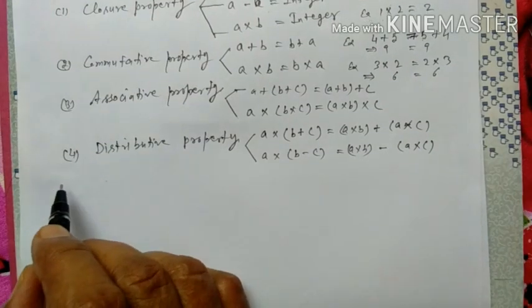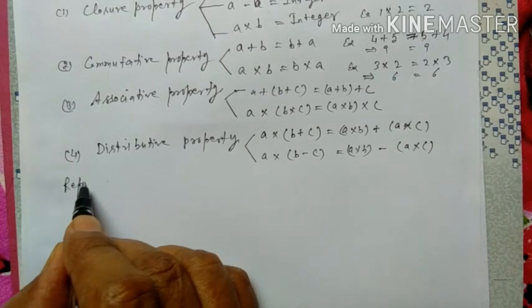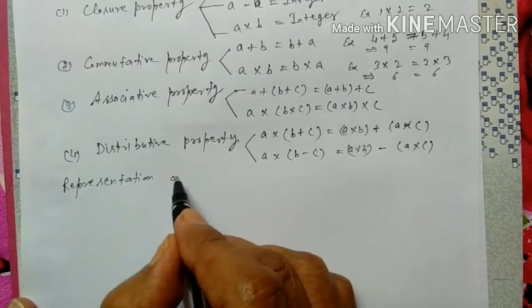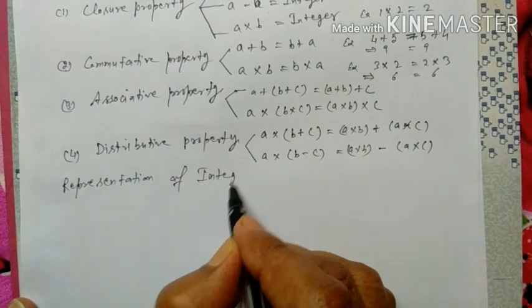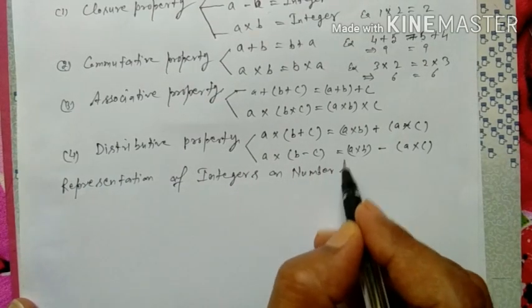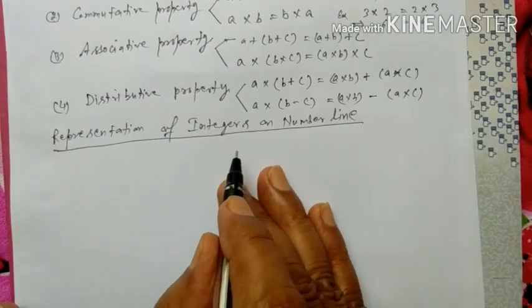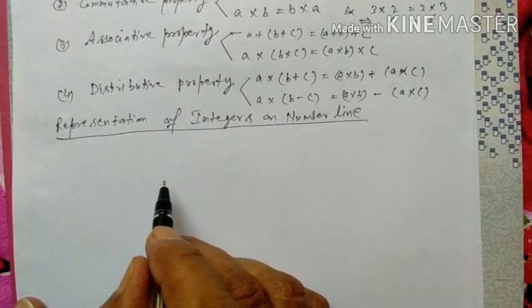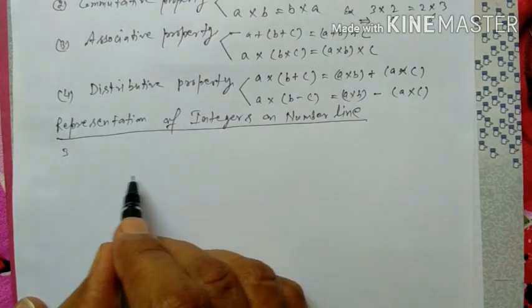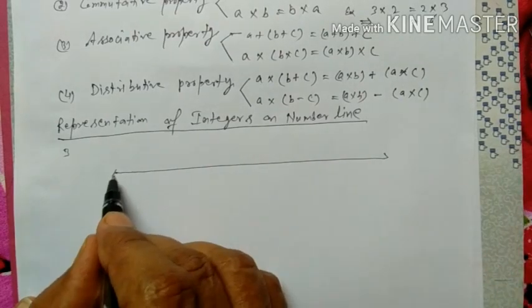Now, representation of integers on the number line. Suppose you aim to plot 3 on the number line. Then you draw a number line for integers.